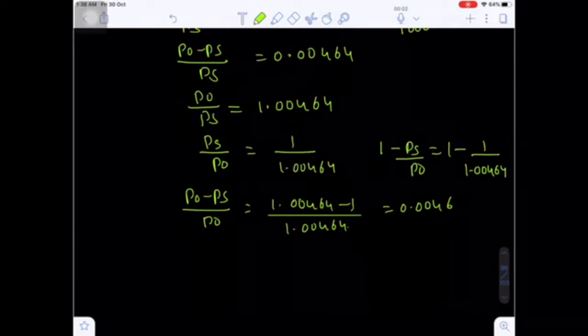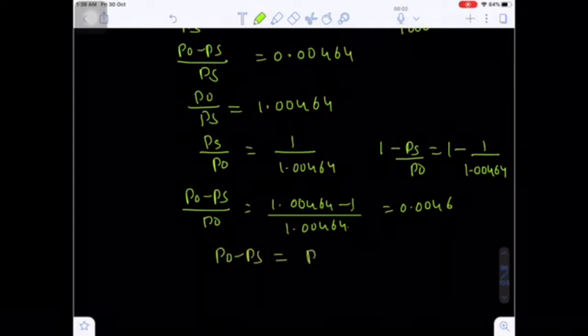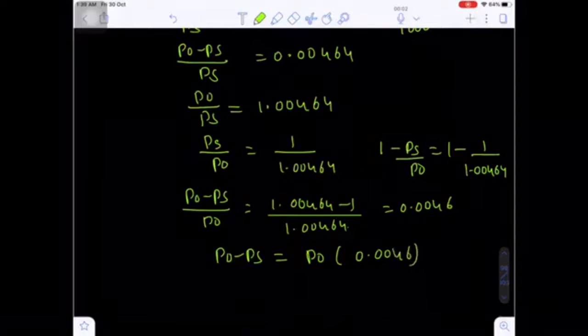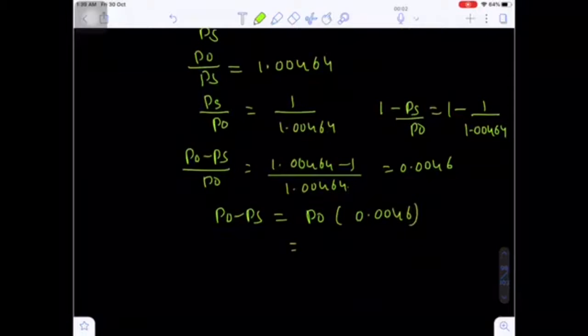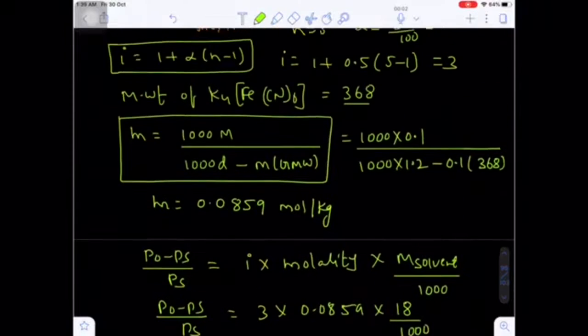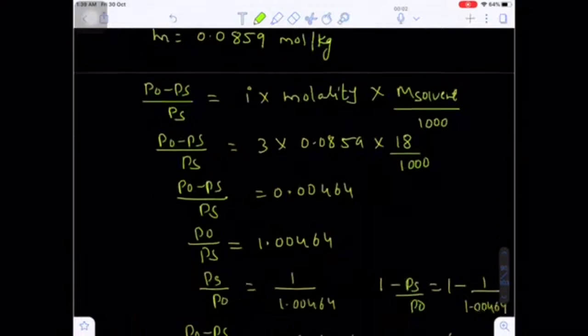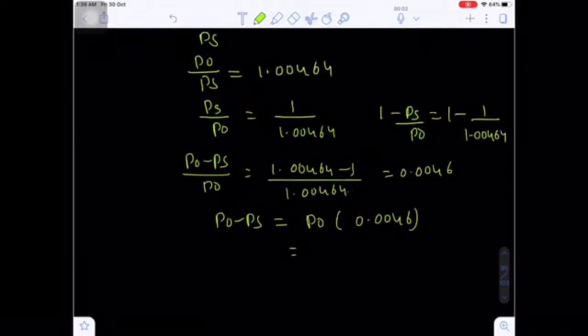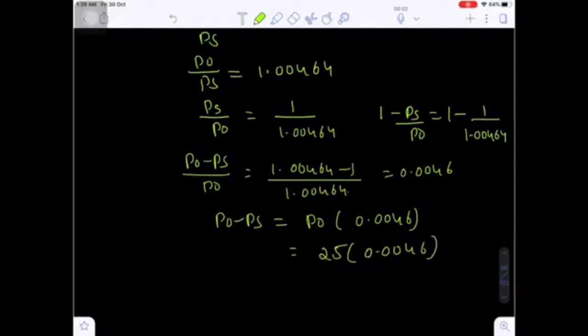Now here P naught minus PS will be equal to, by cross multiplication, P naught into 0.0046. The P naught value given in the question is how much? 25 mm. Yes or no? So 25 mm into 0.0046.